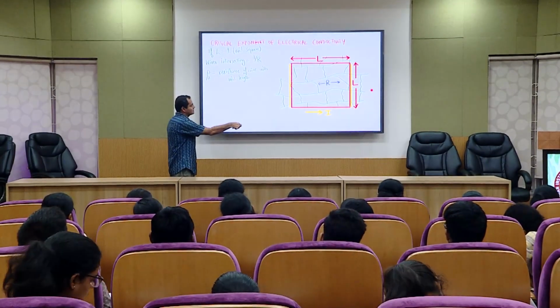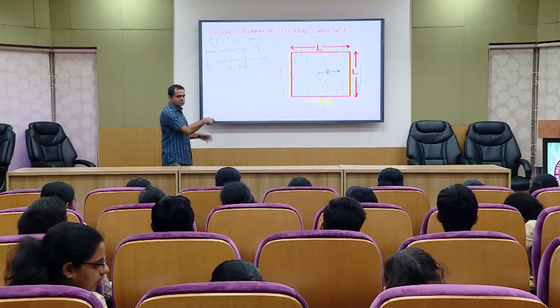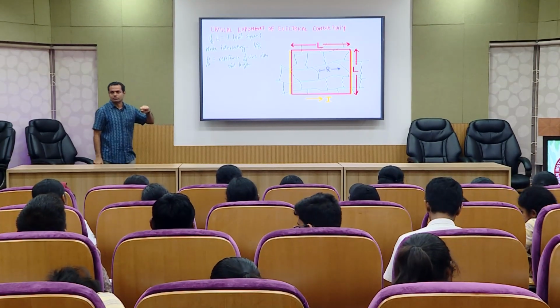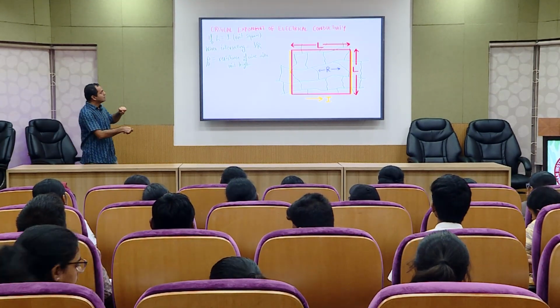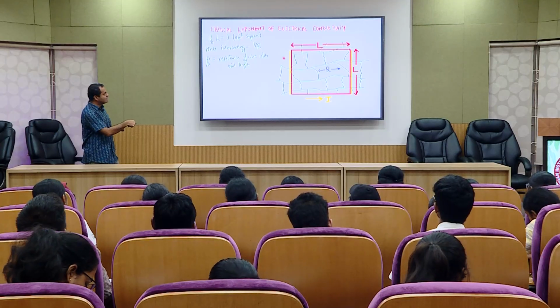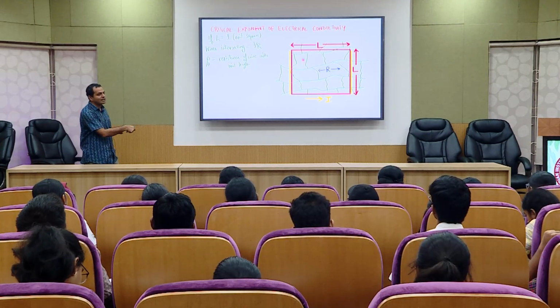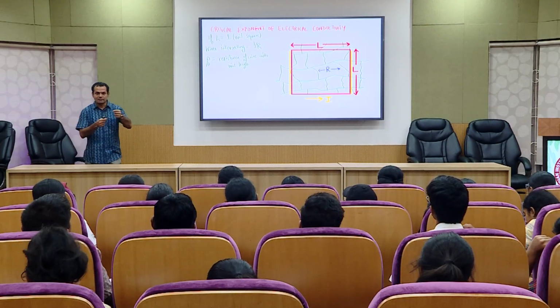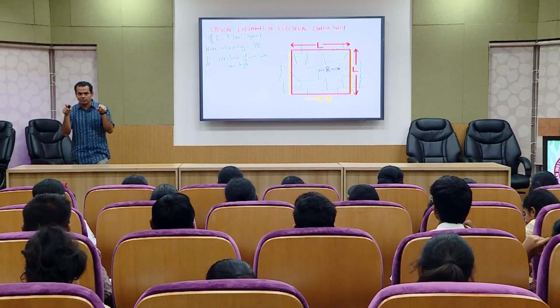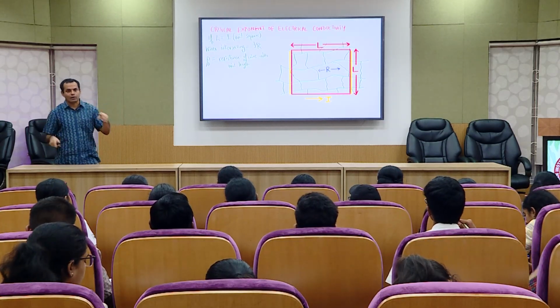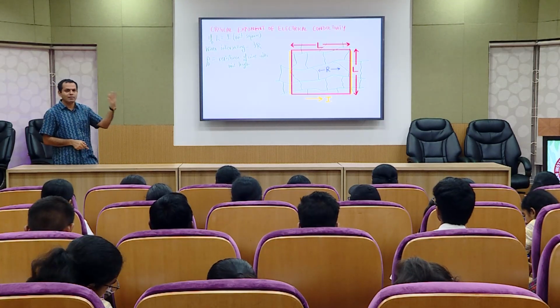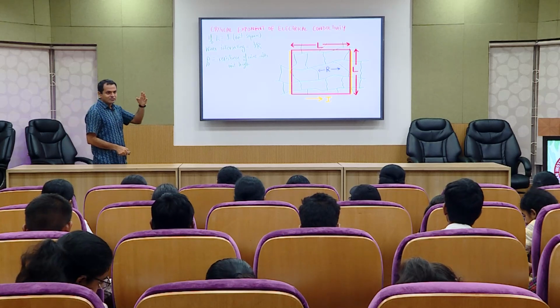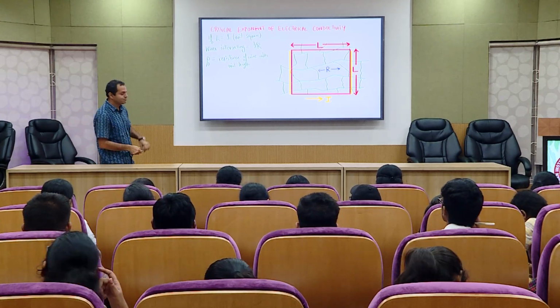These are wires which conduct and they have a size R on average. So the number of wires which intersect a unit length is 1 by R, because R is the size of that smaller square, L is the length here. Now I have taken it to be unit. It would be L by R, but now it is 1 by R because L is 1.